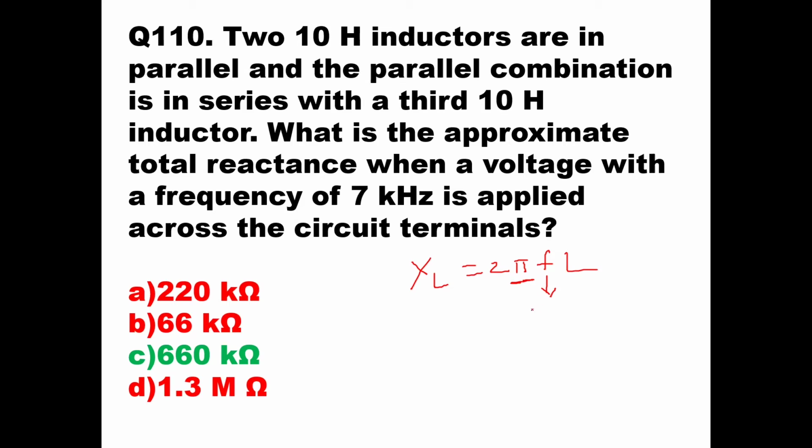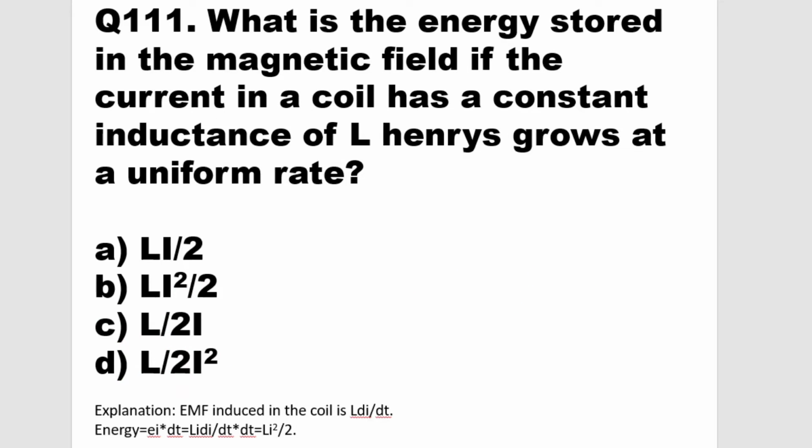F is given as 7 kilohertz and L we had calculated as 15 henries. If you substitute all these values, you will get 660 kilo ohms as the answer. Clear? Now, students, we'll go to the next question, question number 111.